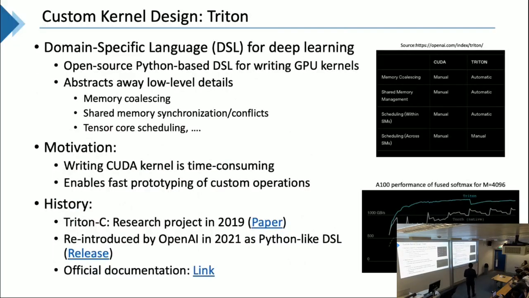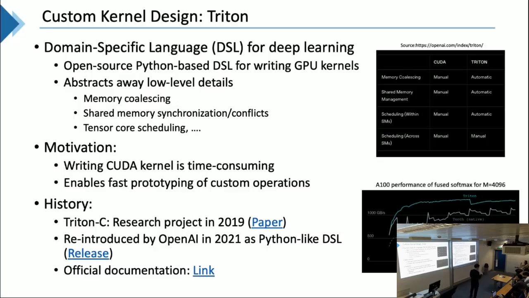And the other way, as I mentioned before, is to use Triton. CUDA kernel development is very time consuming. So you can basically use Triton kernels to do your custom kernel implementation. The advantage of Triton is, first, it's easy to program, and second, you can still get decent performance in most cases, for most operators.